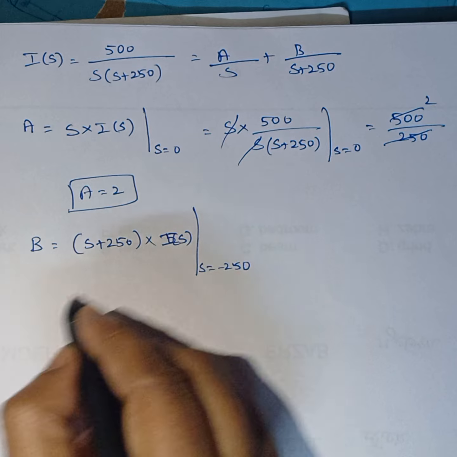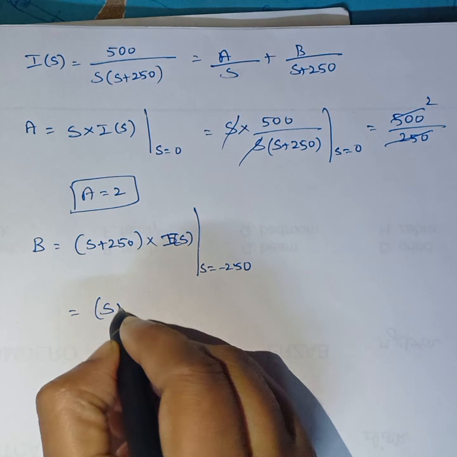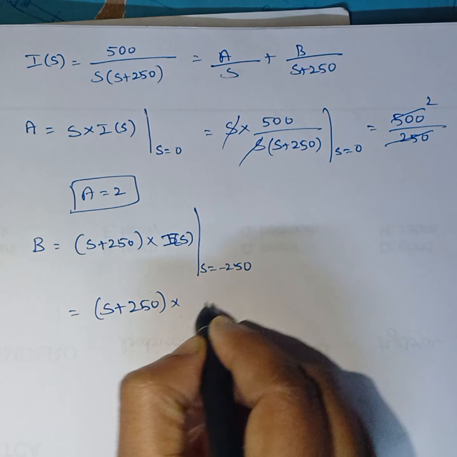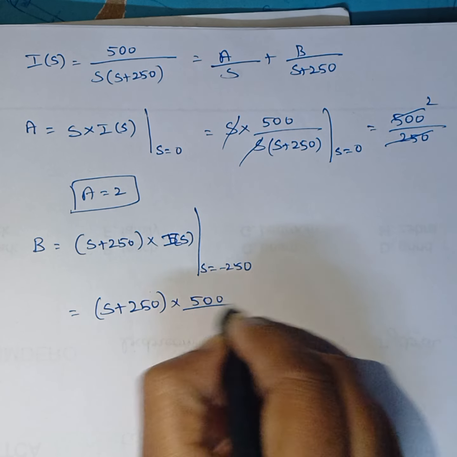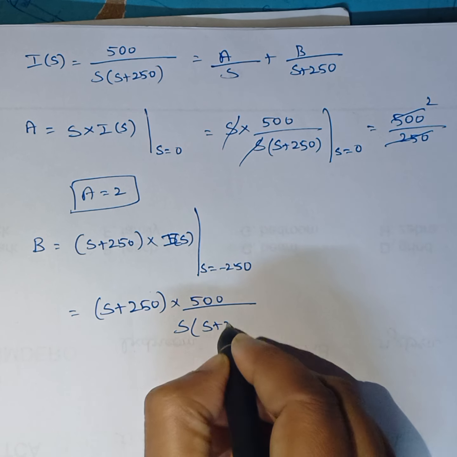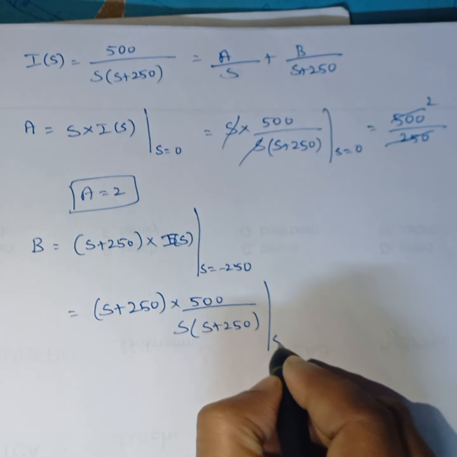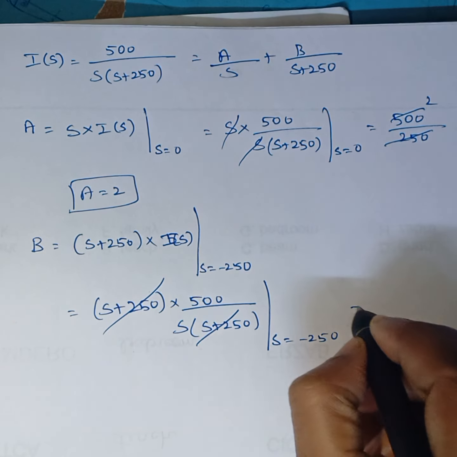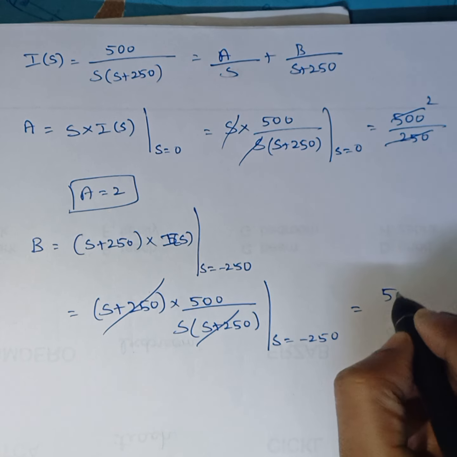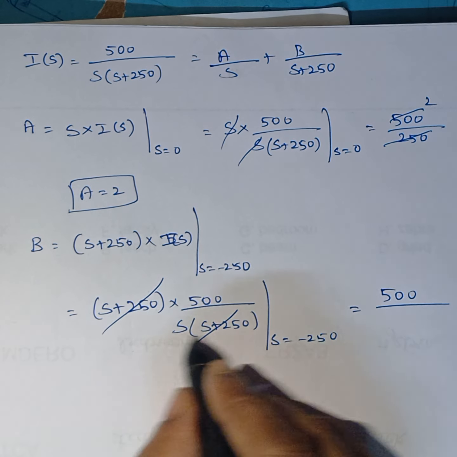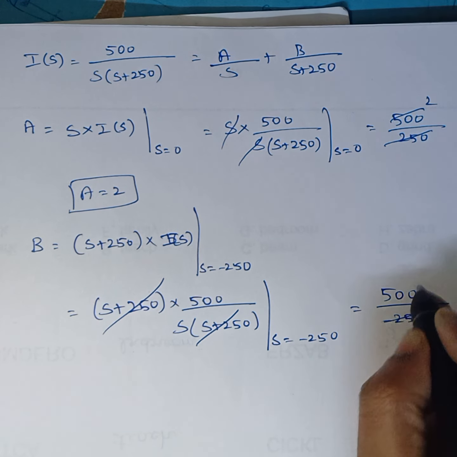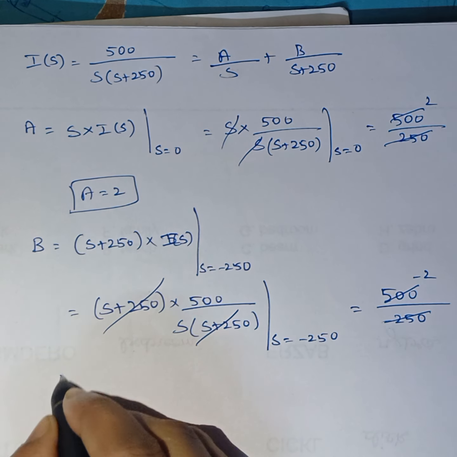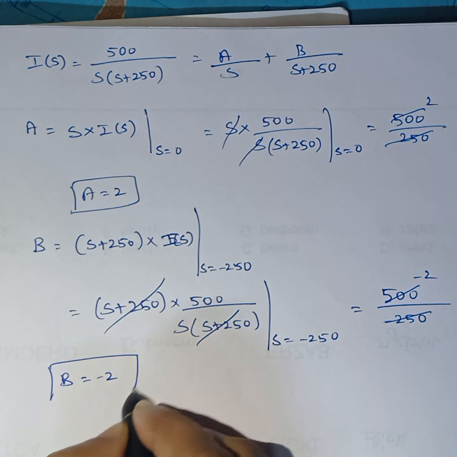I can write this as s plus 250 times 500 divided by s into s plus 250, its root s minus 250. So both get cancelled and we get 500. If you substitute s as minus 250, I'll get minus 2. So the B value is equal to minus 2.